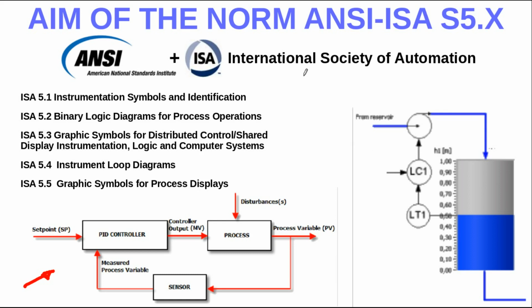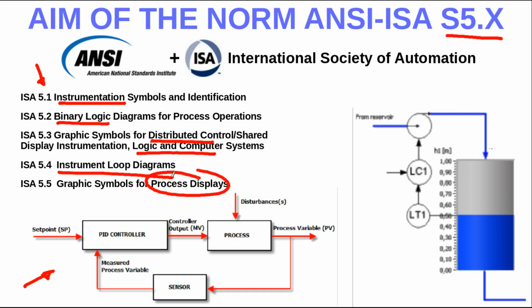As you can see here, the name S5.X means that there is a group of norms which are gathered under the same umbrella, that is S5.something. This group of norms talk about instrumentation symbols, binary logic devices, then distributed control logic and computer systems, instrument loop diagrams, and process displays.